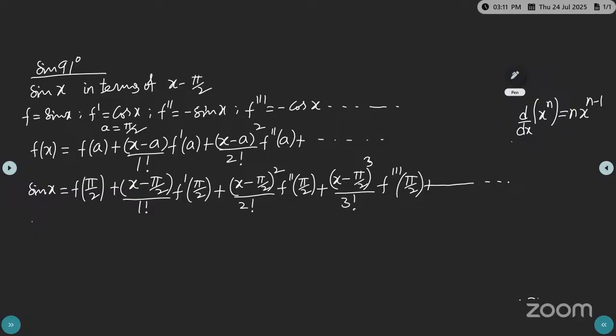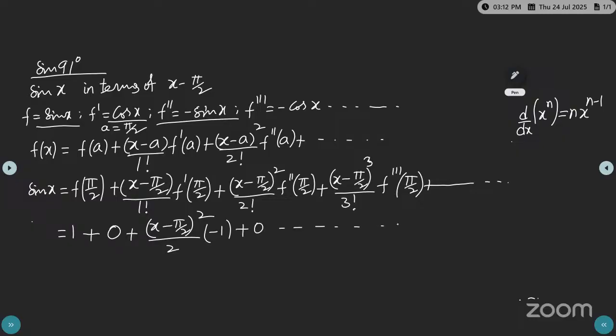What is sin 90? 1. What is cos 90? 0. x minus pi by 2 whole square by 2. What is f double dash? Minus 1. And this one is 0. So on.